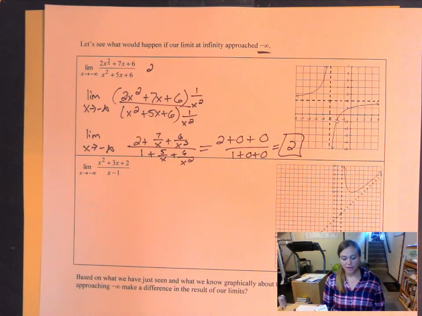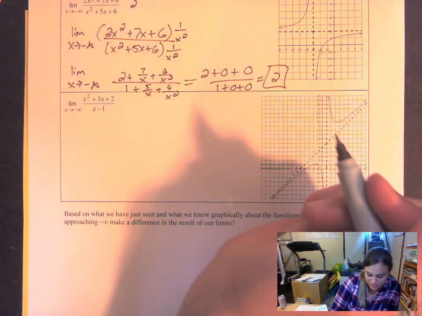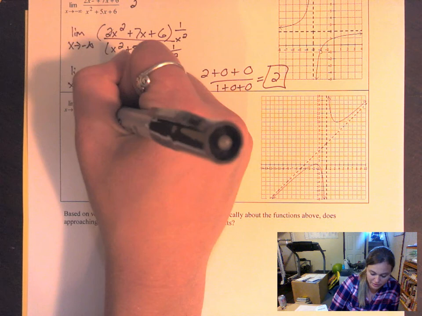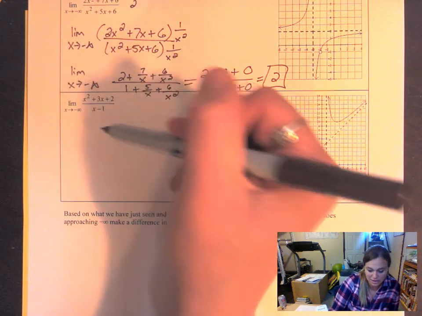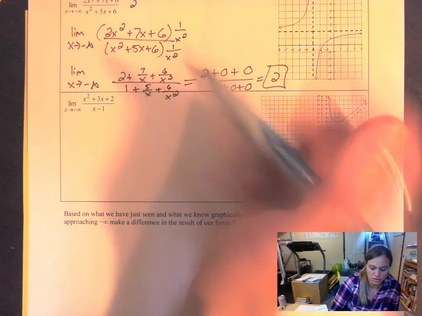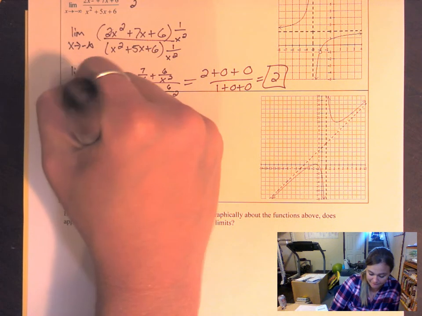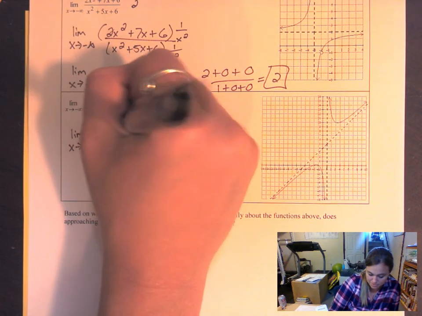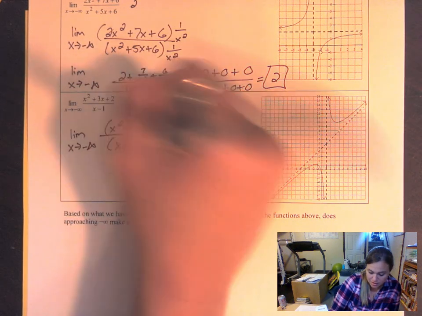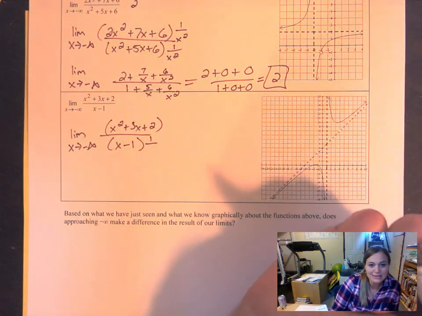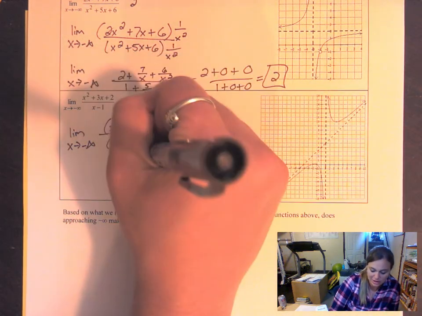That's good. And then if I try the next one, x squared plus 3x plus 2 over x minus 1, I see the numerator degree is higher than the denominator's. Okay, what happens? If I multiply by 1 over whatever my highest exponent was in the denominator, so instead of 1 over 1, 1 over x to the first power.